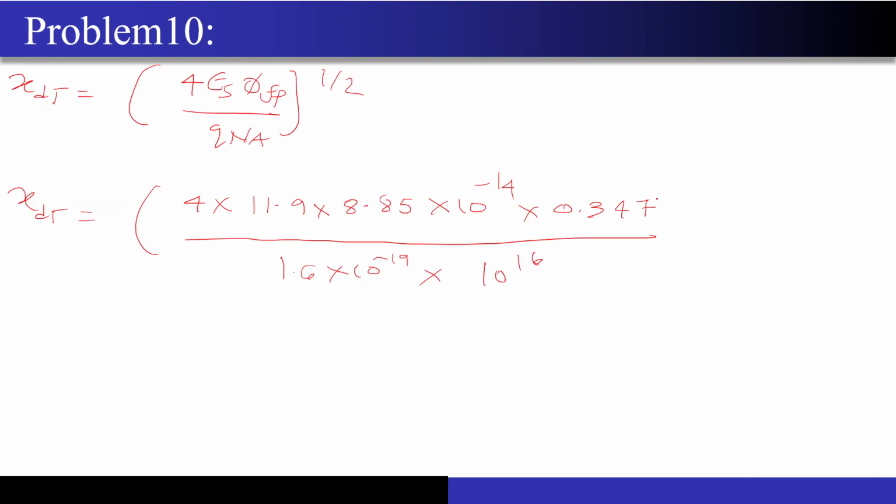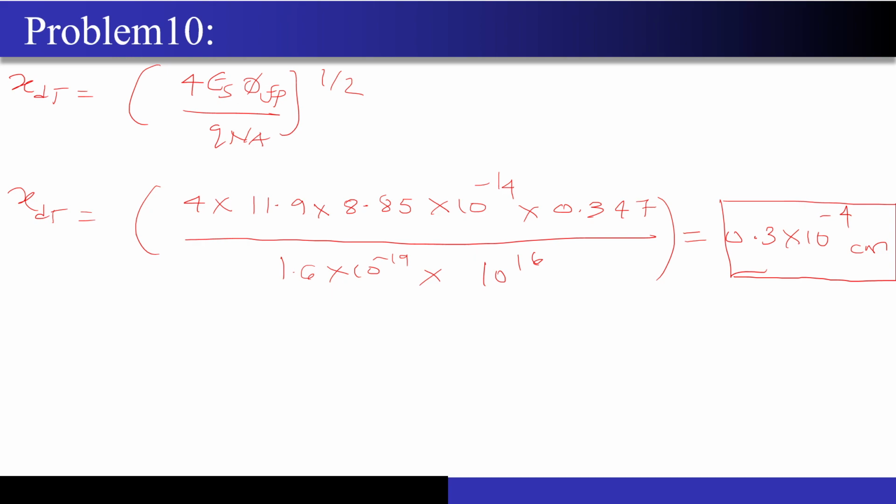The moment you calculate this, your XDT value will come pretty close to around 0.3 into 10 to the power minus 4 centimeters.